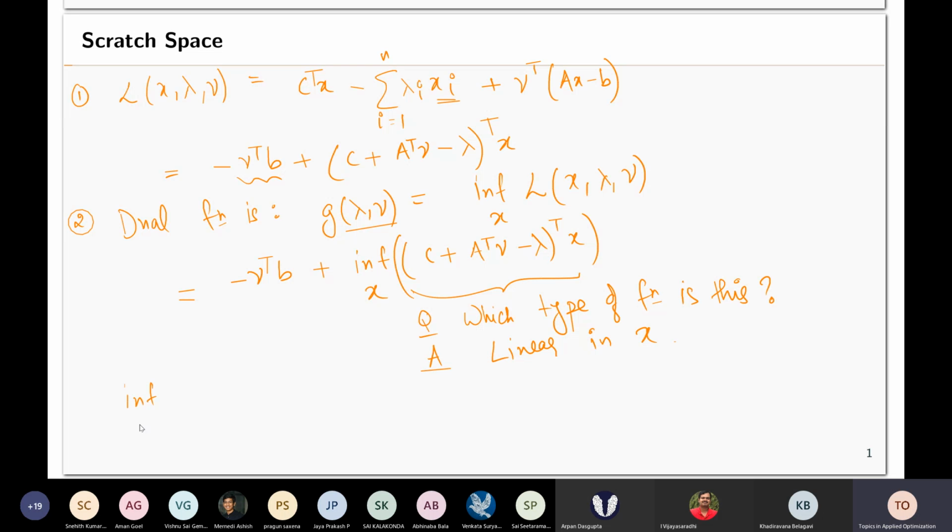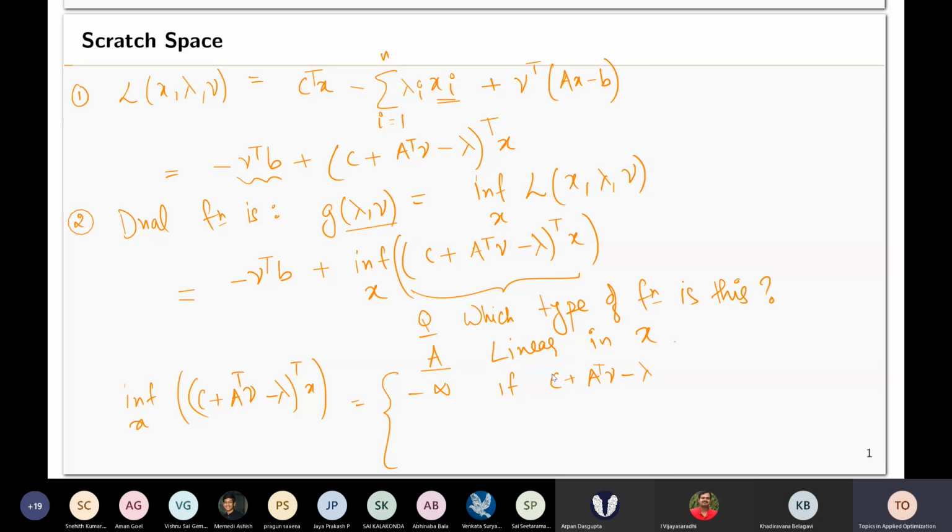The infimum of C plus A transpose nu minus lambda transpose x is equal to minus infinity if this term is non-zero. Something like this we have seen, I think, in the context of maybe the conjugate function.